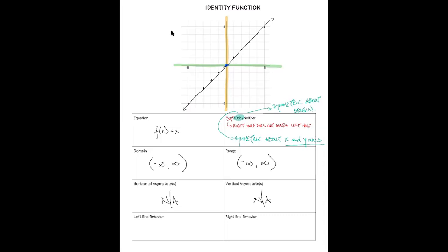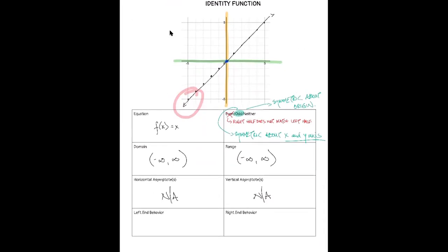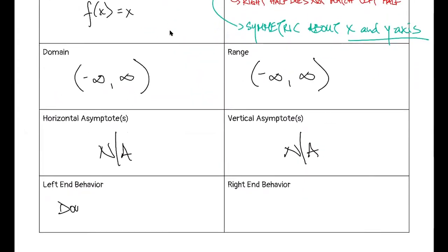All right, now tell me about the left end. When we look at the left end of the function, does it go up, does it go down, or does it get to a number? Okay, I've got one vote for down, 2, 3. Yeah, if we take a look at this part of the graph, it sure does look like it's going down. So you can write it as down, or you can simply put an arrow facing down.